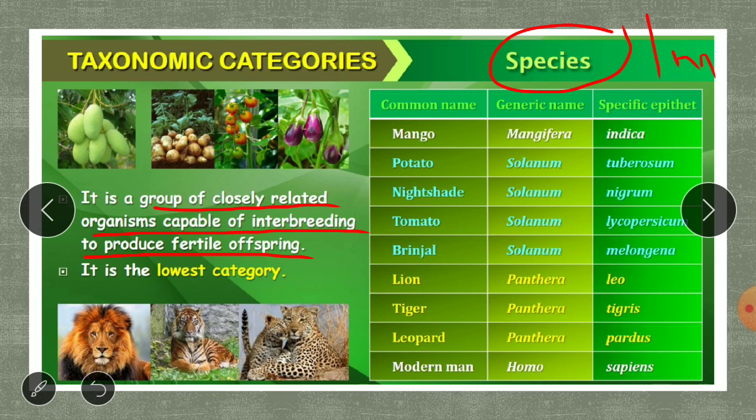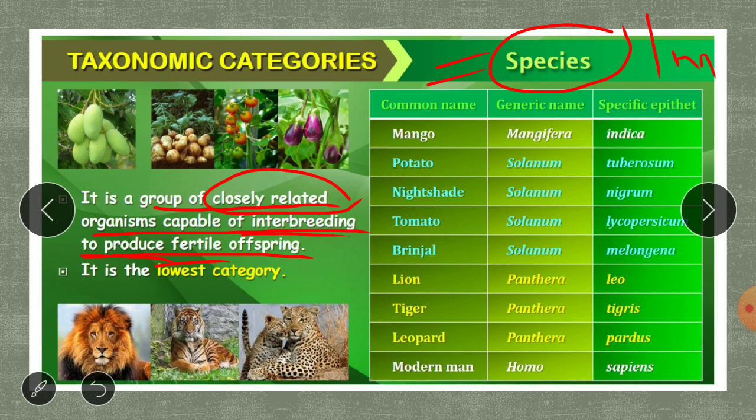In this definition, each and every word is important. Closely related: the organisms to be called a single species have to be closely related. Organisms should be capable of interbreeding, means they have to stay together and interbreed to produce children.